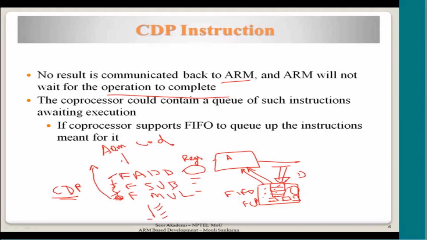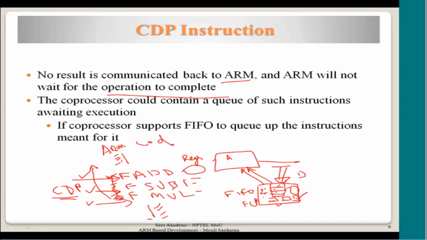Now assume there is a two-stage FIFO. Only two instructions can be in the FIFO and one can be in the execute stage. Suppose when these ARM instructions were executed, and then this FAD was given to the coprocessor, it was not busy, so it accepts it. That means the FAD goes into the execute stage, and the two-stage FIFO may accept the next instructions, because the FIFO will keep the instructions pending to be executed by the coprocessor.